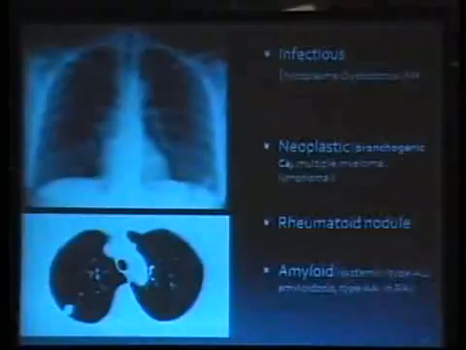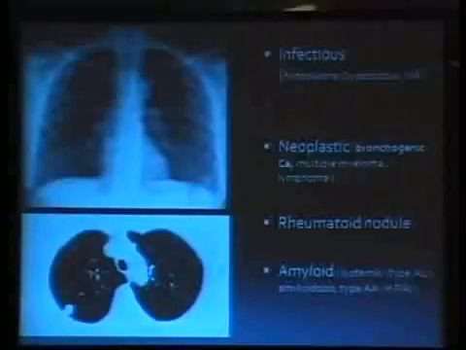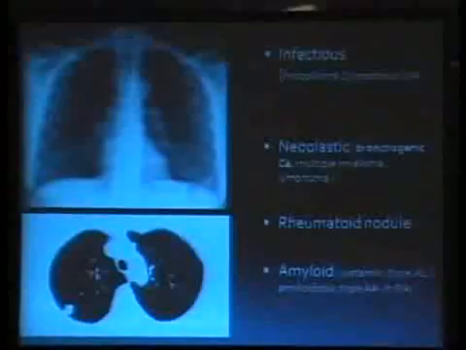So the differential diagnosis in a person like this could be an infectious nodule, and Bushra has spoken a little bit about infections. There are certainly things like fungus, histo and coccidio, as well as cryptococcus, and Mycobacterium avium are considerations. A neoplastic nodule, you will remember that people with rheumatoid arthritis have a higher risk of bronchogenic carcinoma as well as lymphoma because of the immune mechanism problems.